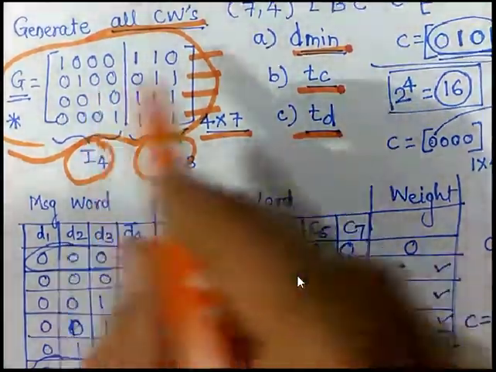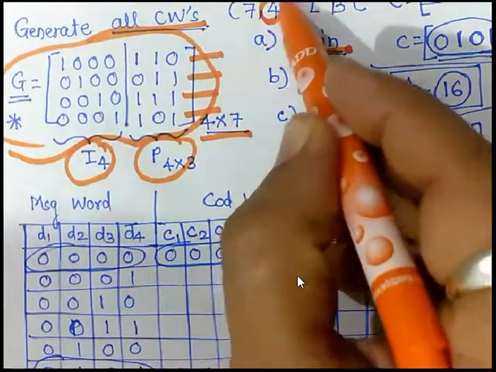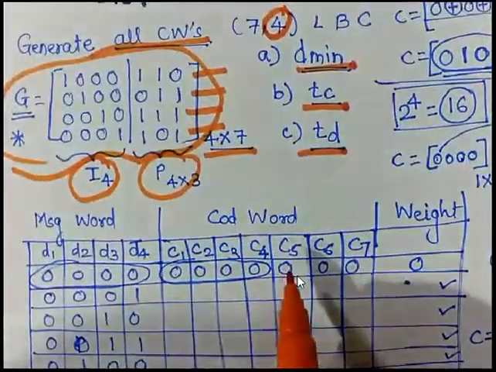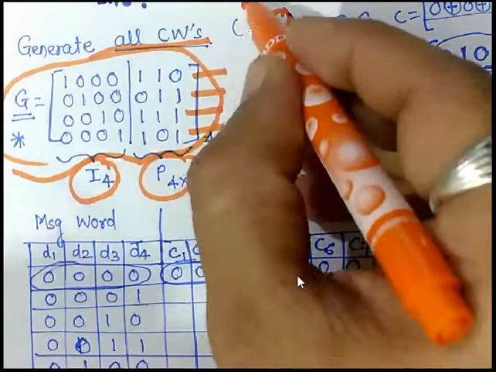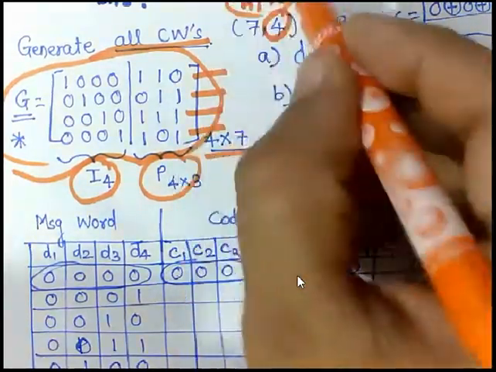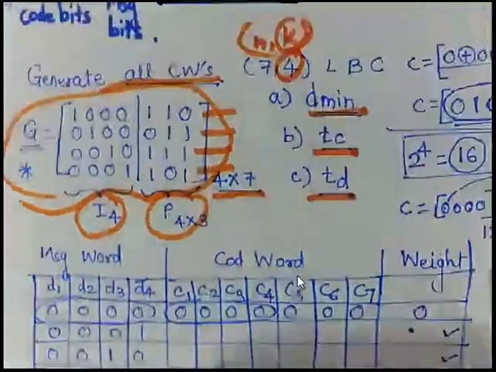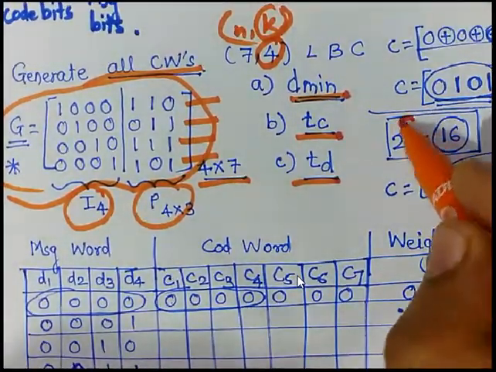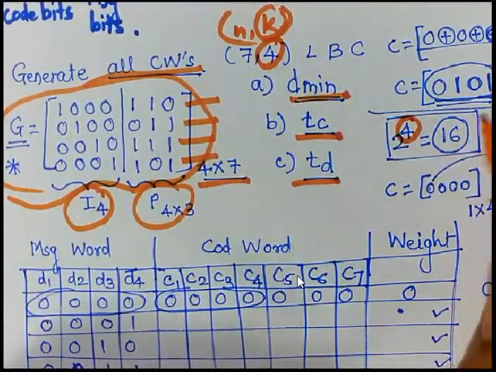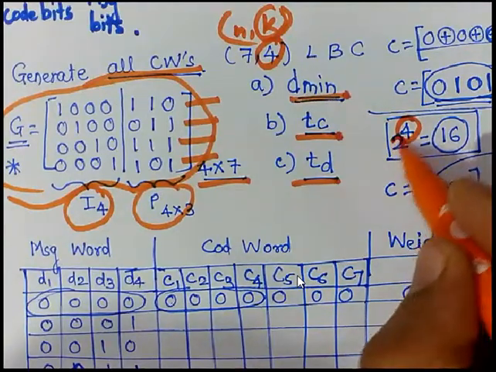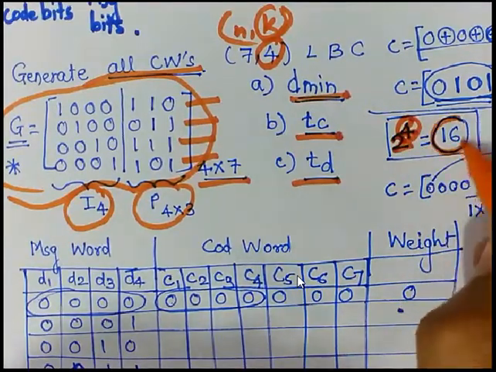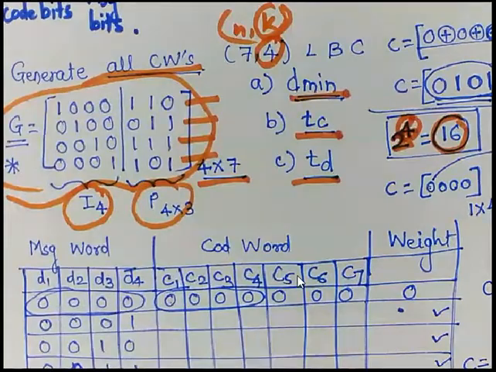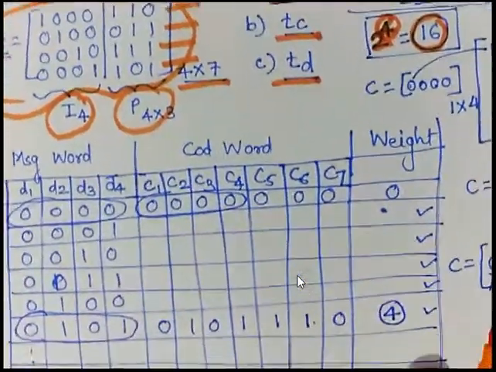By following the simple way, this is the N comma K LBC, where K means the number of message bits. Based on the message bits, we will have the message words, a total of 16 combinations, meaning 2 raised to 4. This gives us the idea that a total of 16 message words are possible.